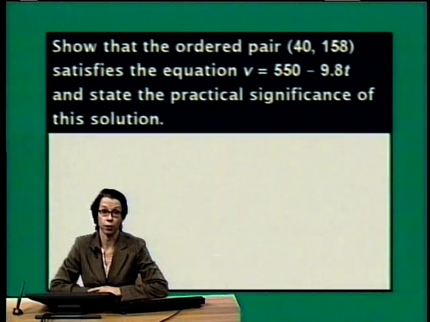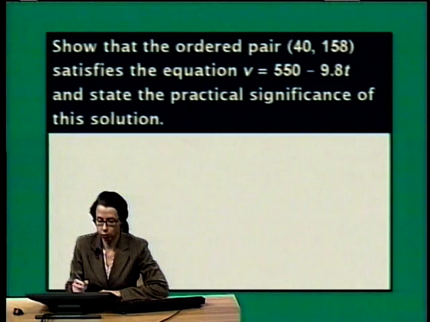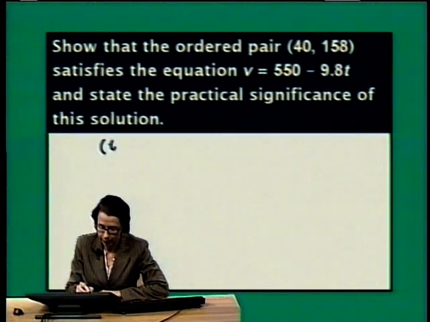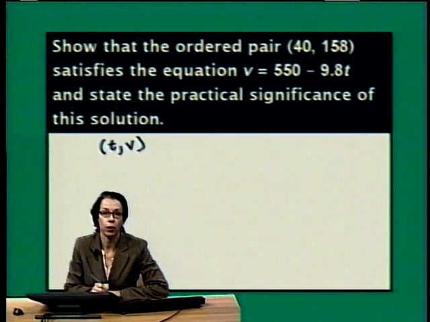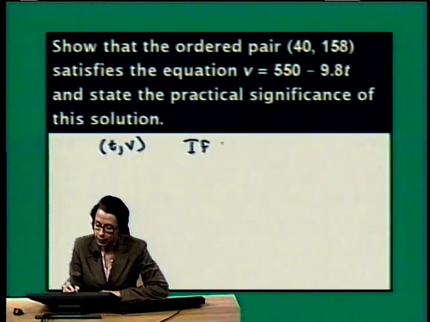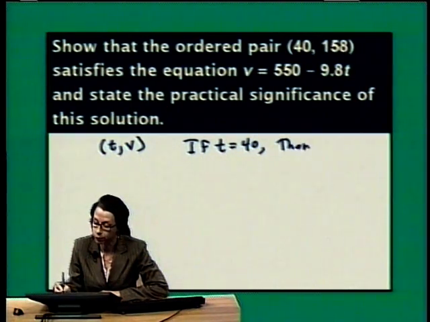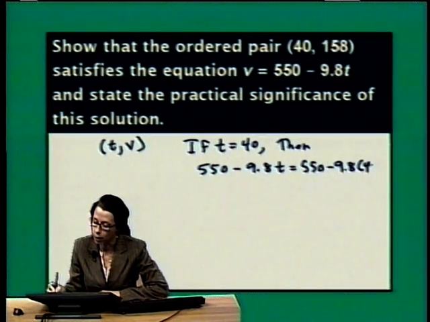So I'm going to start with the first part, just the check, first. The ordered pairs in this problem are going to be of the form t, v. My equation is given in slope-intercept form with v as the dependent variable. So if t equals 40, as it does in the given point, let me check that v does indeed equal 158. Then 550 minus 9.8t equals 550 minus 9.8 times 40.